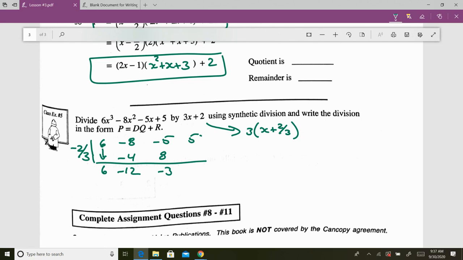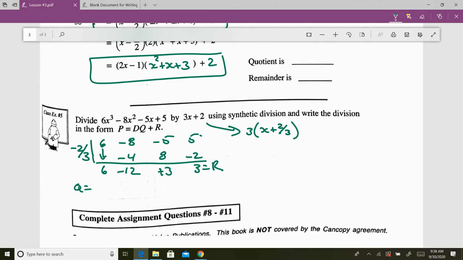Negative 3 times negative 2/3. Why, it should be positive 3, shouldn't it? Just checking to see if you guys could do that. 3 times negative 2/3. Negative 2. 5 and negative 2 is 3. There's your remainder.